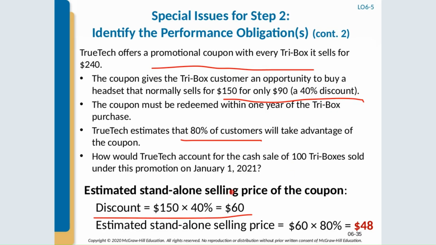And so we need to come up with a value for this coupon. So we know that the discount is $60 and there's an 80% chance that customers will redeem it. So we come out with a $48 value that we can factor into our journal entry.